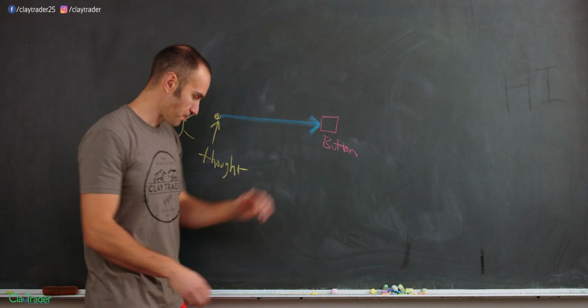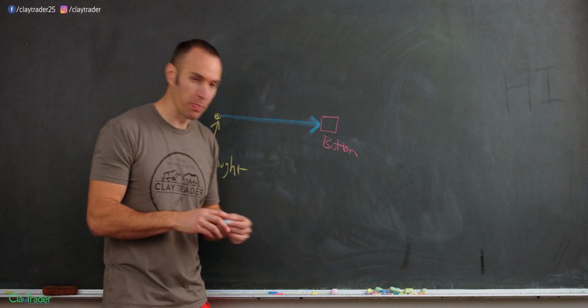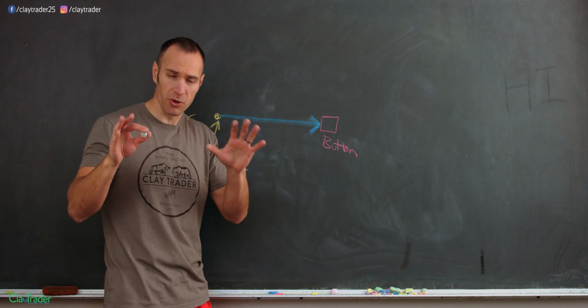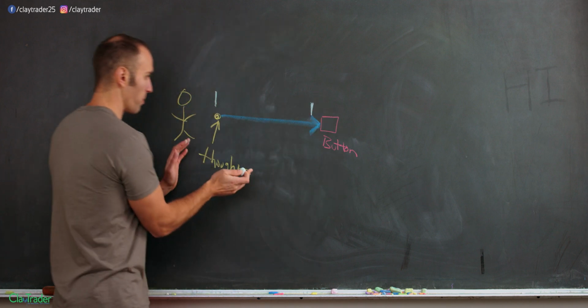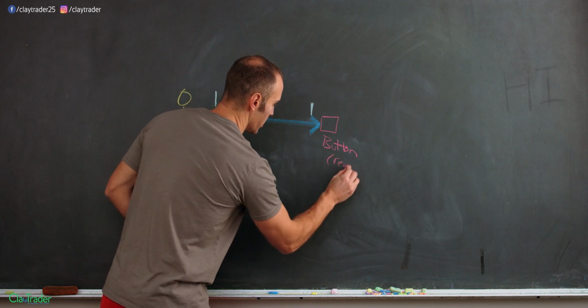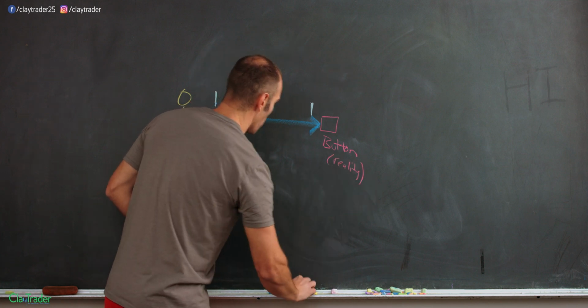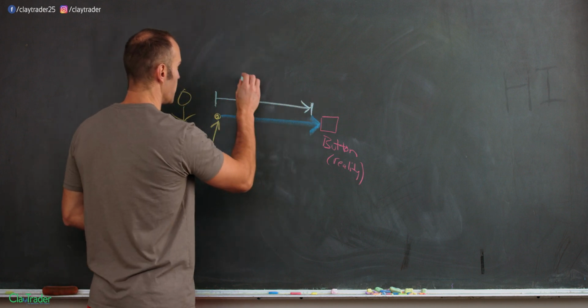And the big debate, I don't know if it's a debate, but what people are getting at, which I understand, is this right here. So from thought to, in fact, let me put that, reality. So from thought to reality, this is time, right?